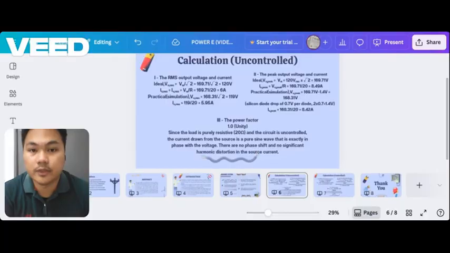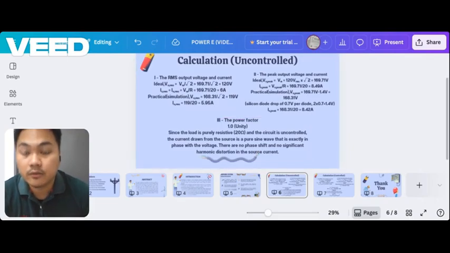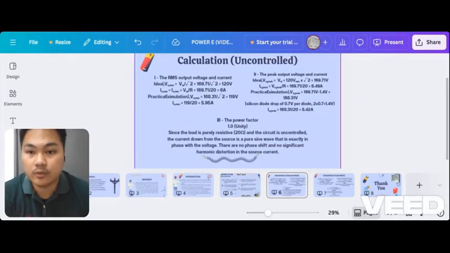So for the uncontrolled rectifier, first we calculate the RMS output voltage and current. For the ideal value, V out RMS equals Vm over square root 2, equals 169.71 over square root 2, equals 120 volt. So for Is RMS equals I out RMS equals Vm over R, equals 169.71 over 20 ohm, equals 6 ampere.